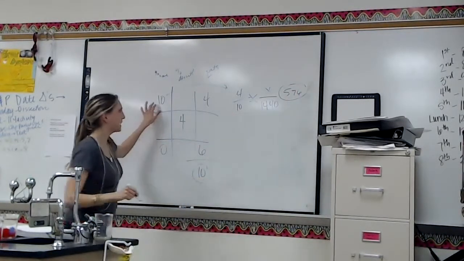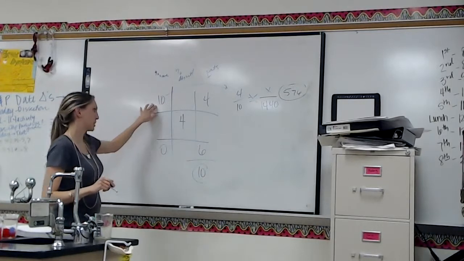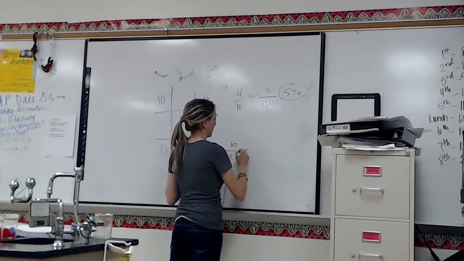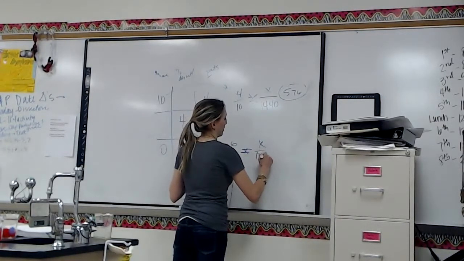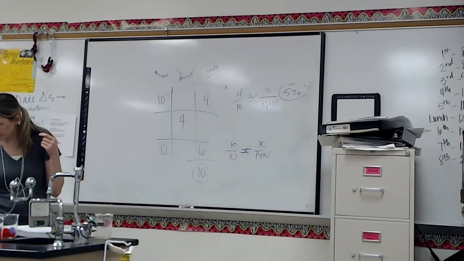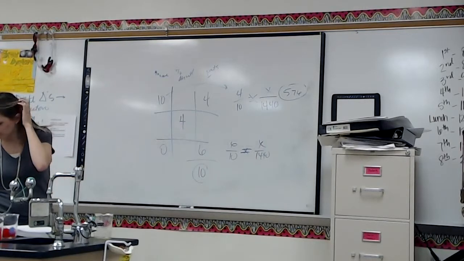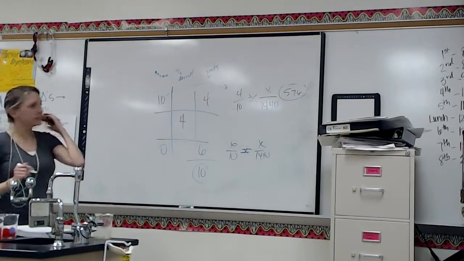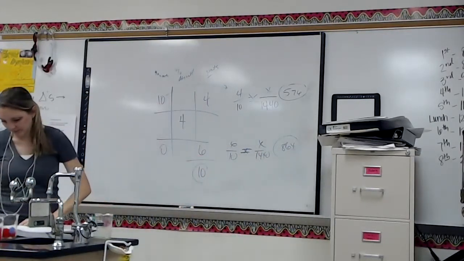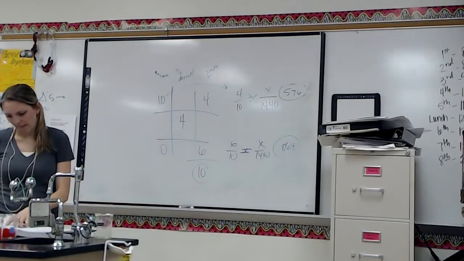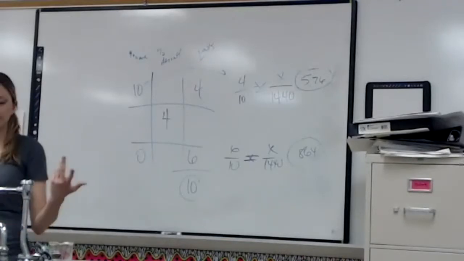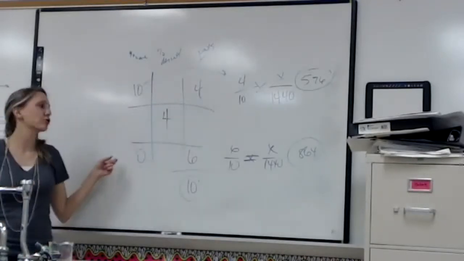So we need 576 of this solution, and then we can do 6 out of 10 here. Or we can just subtract our total amount from there. So here we would get 864. Yep, 576 milliliters.